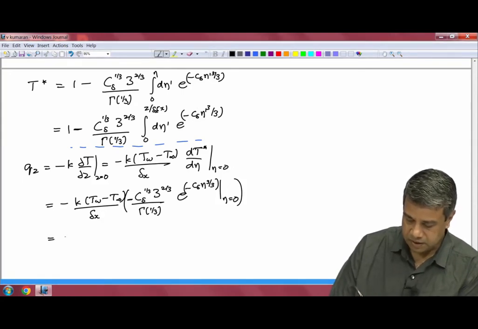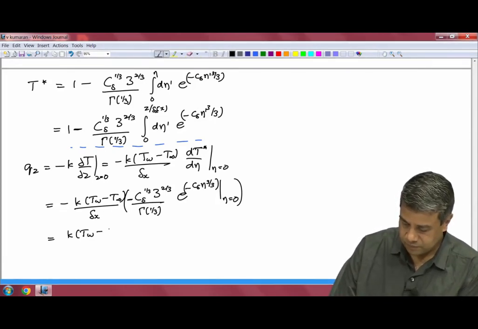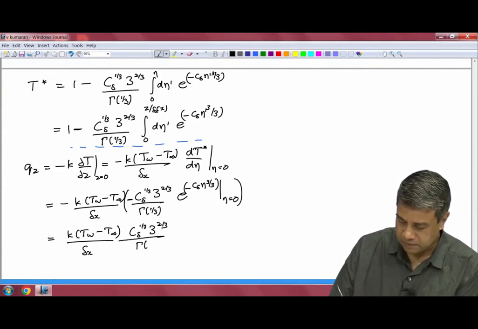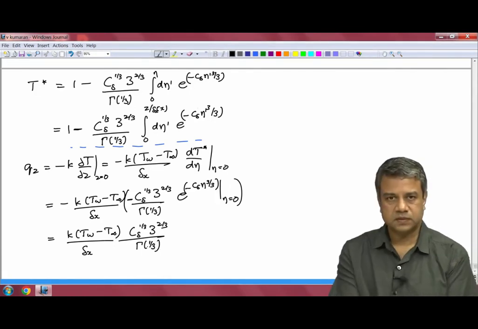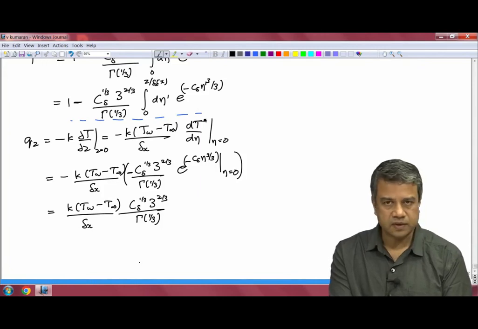Negative and negative will give me positive, and I just get k into Tw by delta x into C delta power 1/3, 3 power 2 by 3 by gamma of 1 by 3. So that is the expression for the heat flux at the surface.